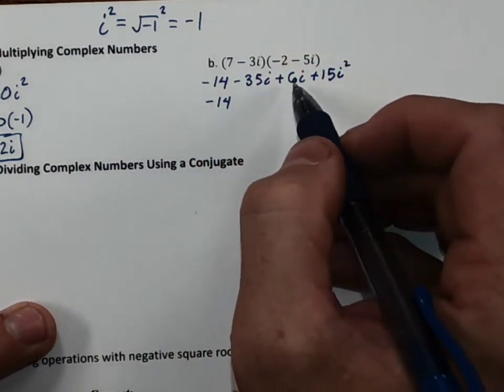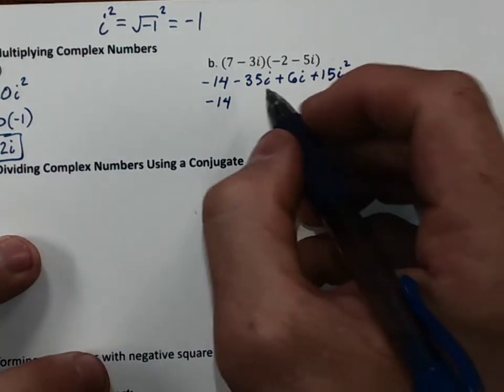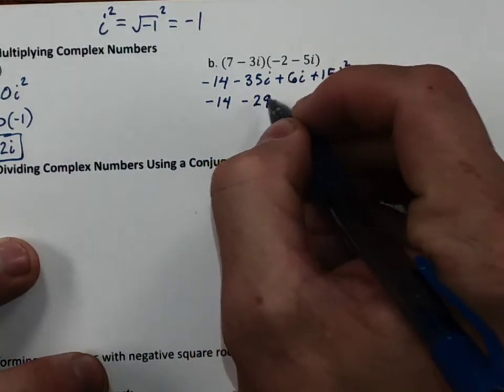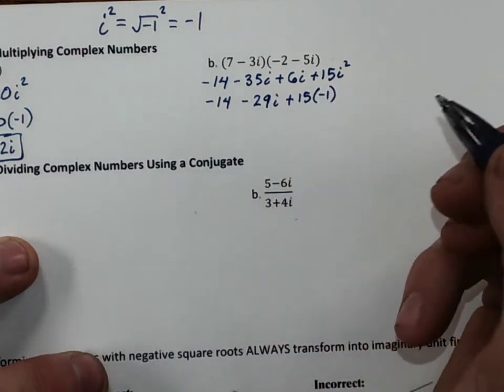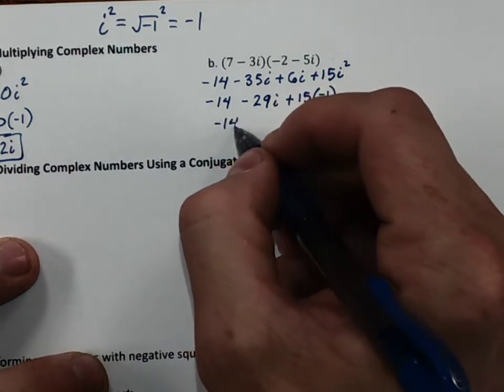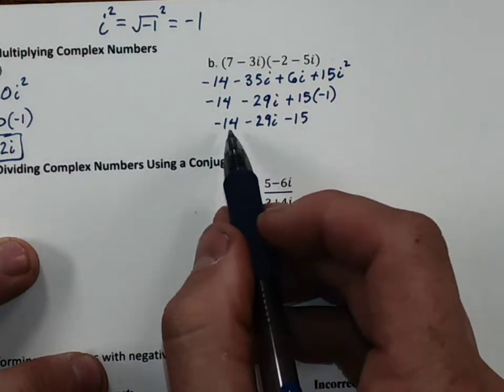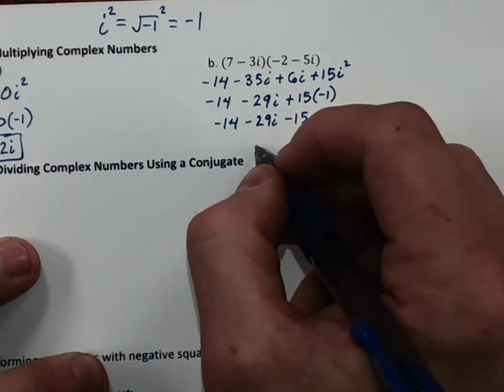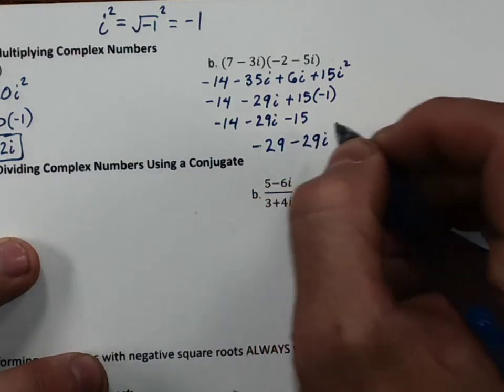Negative 35i plus 6i is negative 29i plus 15 times negative 1. 15 times negative 1 is negative 15. And negative 14 minus 15 is negative 29 minus 29i.